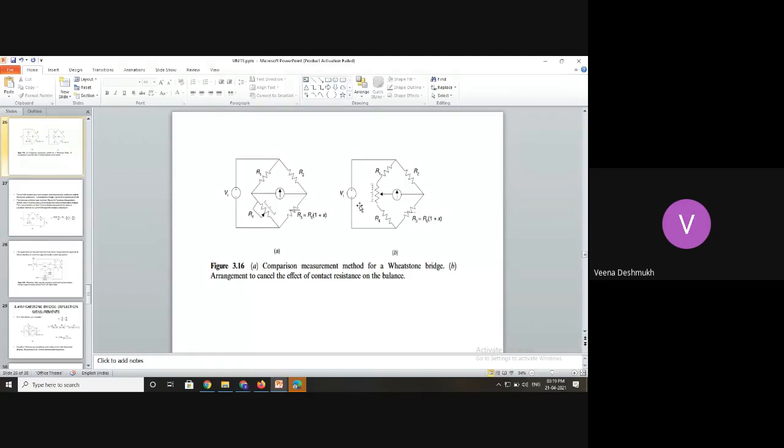They are going to be in the form of wires. Actually here we are representing these as lumped resistors. Actually they are wires. So if the length of the wire is more, or remote sensing is happening, then naturally you require the compensation for the leads.